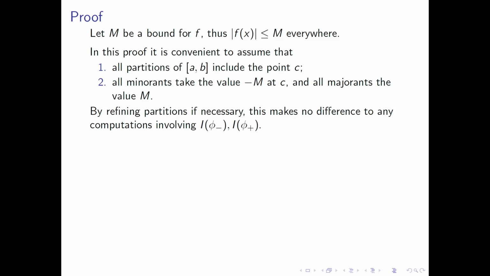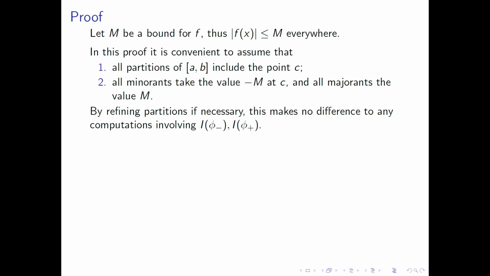Right? We can always take any of our partitions and refine it without changing the notion of a step function adapted to that. The step function adapted to the initial partition will still be adapted to a partition if we put C in there, and it won't change the notion of the integral of a step function.